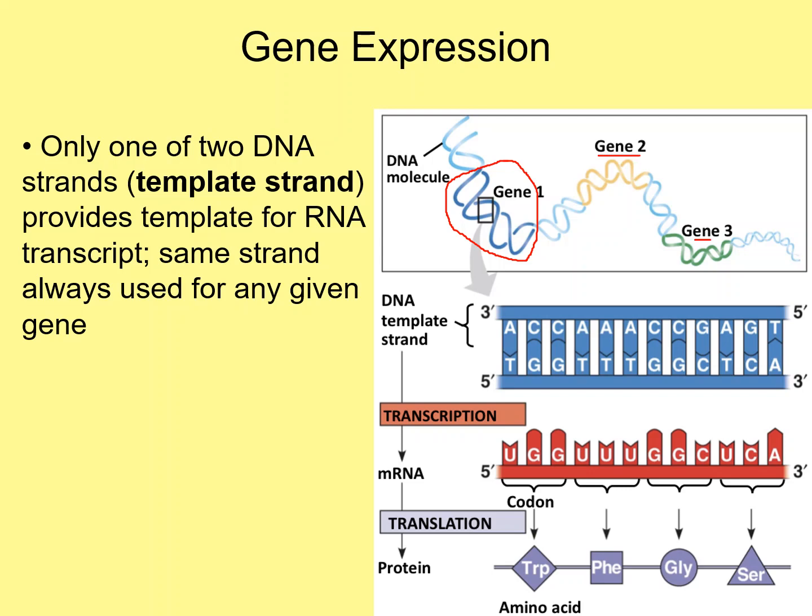And if I zoom in even further on just this little boxed section, I can actually see the order of nucleotides in a sequence as part of my nucleic acid strand, my DNA strand.